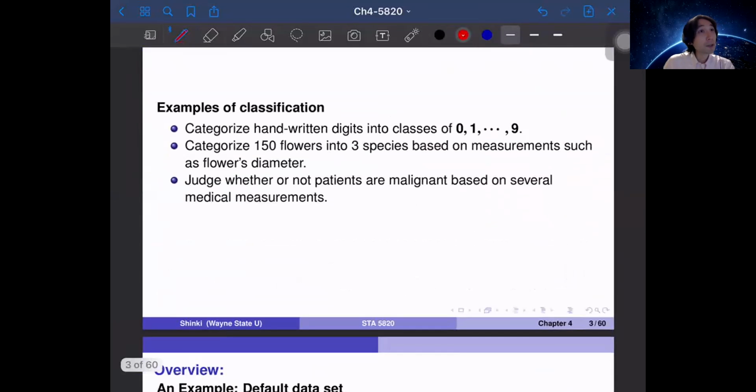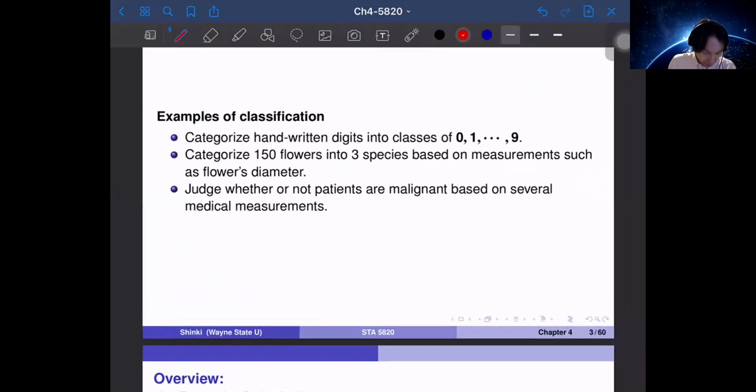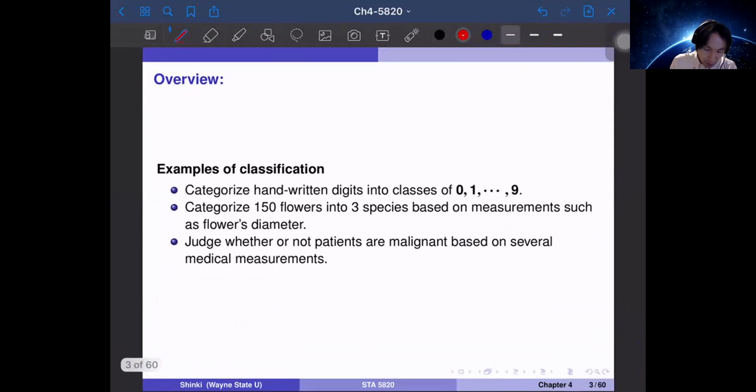So today's topic is just logistic regression. But before that, the overview. Examples of classification. Classification is useful in many places. One is categorizing handwritten digits into classes 0 to 9.